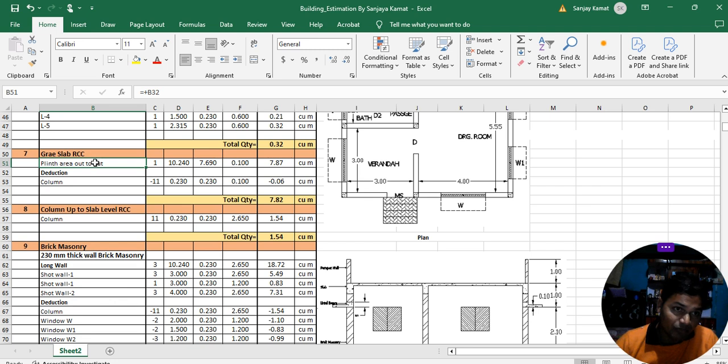To make the slab we take the plinth area out to out, only one. For this plinth area out to out, we take the length 10.240 meter, then the breadth 7.690 meter, and then the depth 0.100 meter. Once we know these values, multiply all the terms and you will get the final result, 7.87 cubic meter.